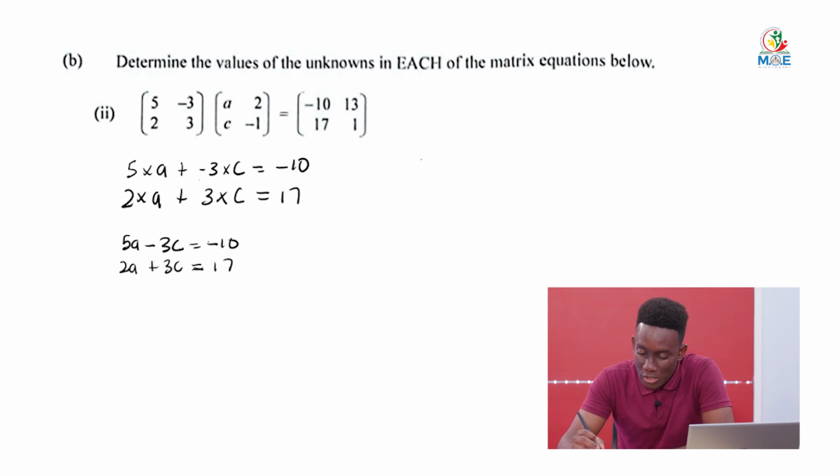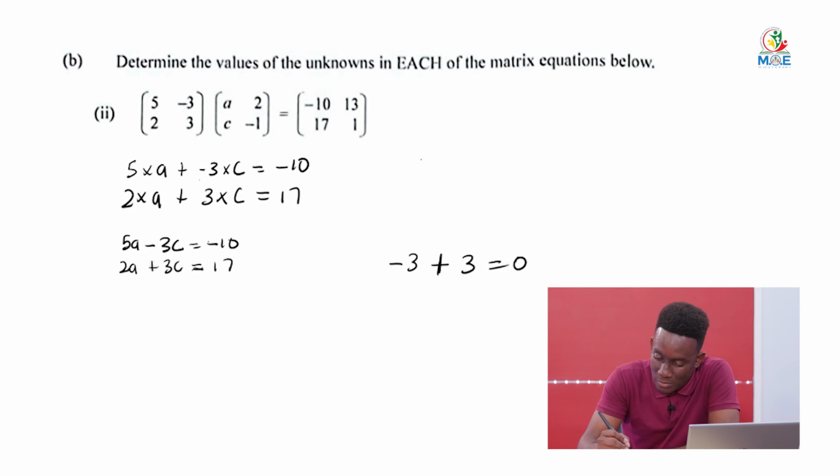We already see these two have the same number, so we must try to eliminate them. You see we have negative 3 and positive 3. If we want to get rid of this and make it 0, we cannot subtract, we need to add. If we add negative 3 plus 3, we'll end up with 0. So we need to add the top equation to the bottom one because we want to eliminate c.